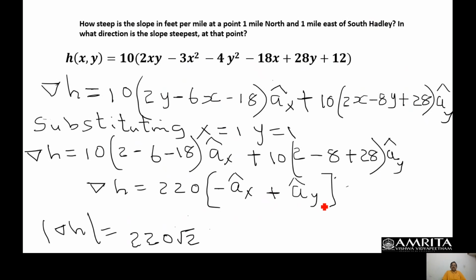I hope this question clearly tells you what a del operator is and the meaning of the del operator when it operates on a scalar function, giving rise to what is known as the gradient of the function. The gradient itself is a vector and it represents the direction of steepest ascent.